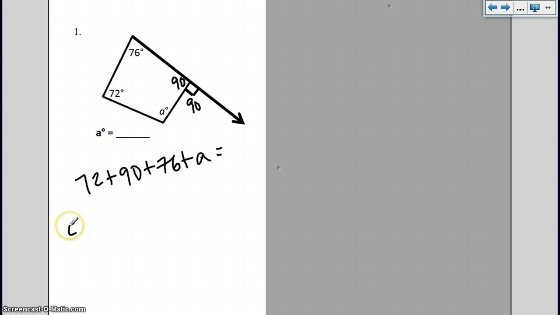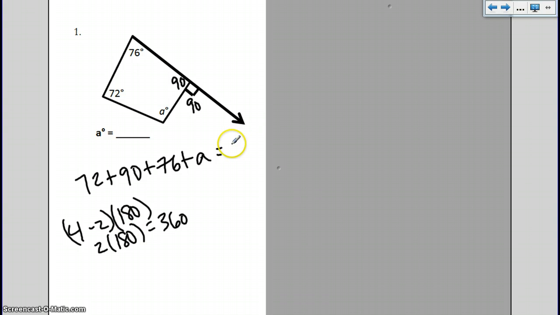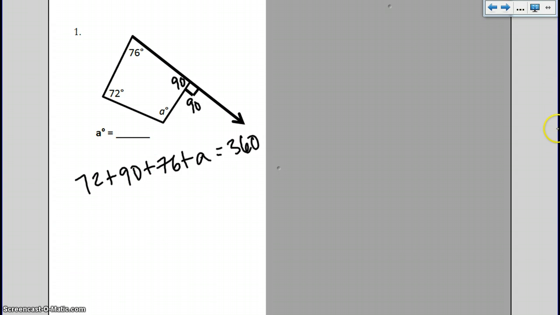Remember, I have a four-sided figure, 4 minus 2 times each triangle has 180 degrees. 4 minus 2 is 2 times 180, and I get 360. So all of this is going to equal 360. Then I do some math, and really all I have to do is solve for A.